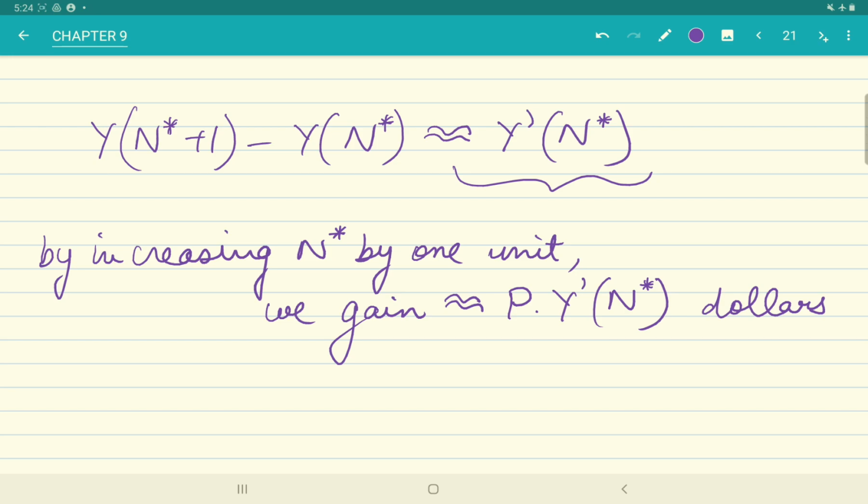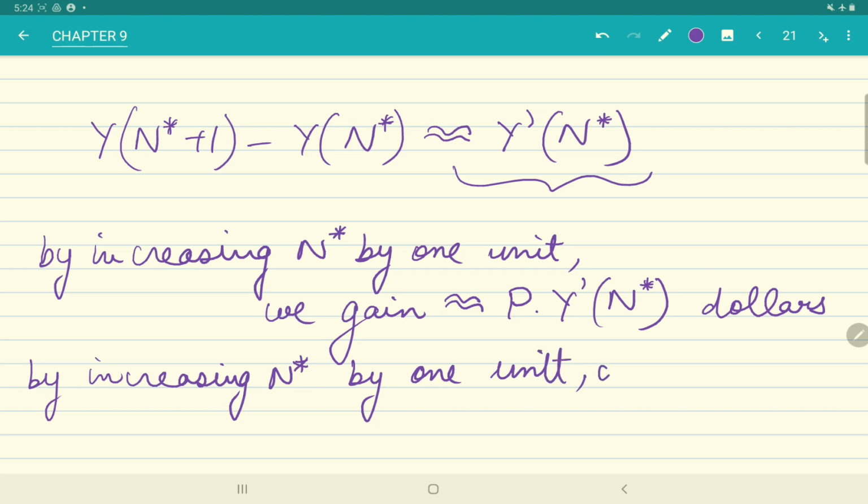So that means I can now write that by increasing n star by 1 unit, we lose q dollars. When I say unit, I mean pound, because q dollars is the cost of 1 unit of fertilizer.